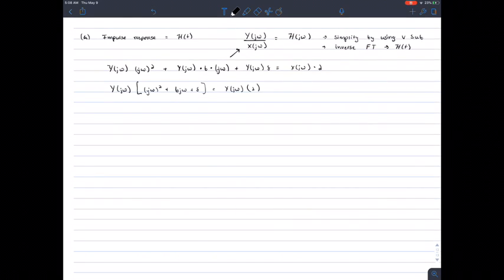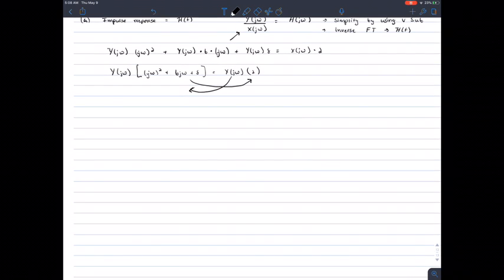Okay, so we need to get Y of j omega over X of j omega. So we need to bring this over here and bring this over here. Okay, so then that would give us Y of j omega over X of j omega. It's going to be equal to 2 divided by j omega, all of it squared, plus 6j omega plus 8.